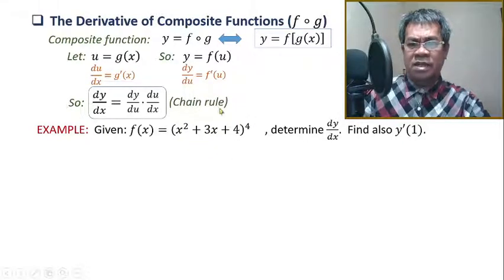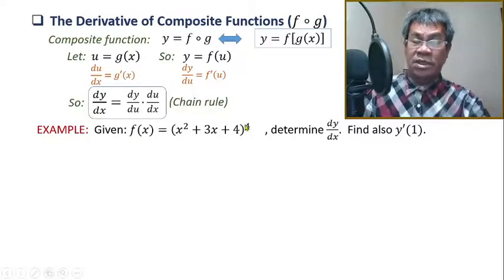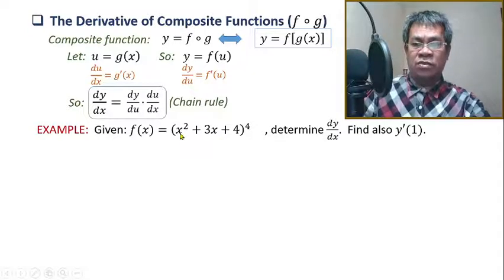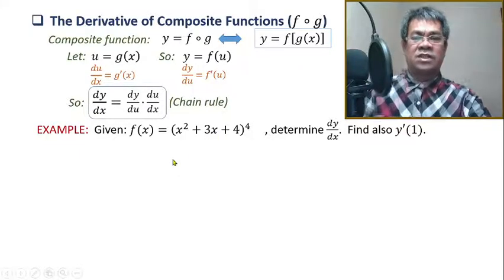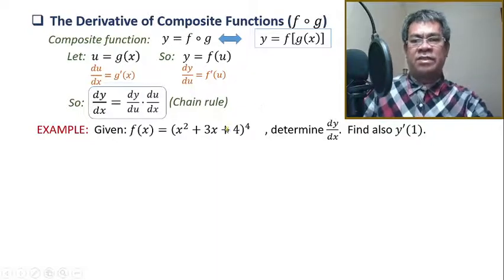This problem cannot use the fundamental rule directly. If we try to expand this one, it is a lot of numbers, but still we can do it. You have to multiply this 4 times, be careful with your multiplication, and be sure that all terms are correct. Then after that, use the sum rule. So that's the first strategy.